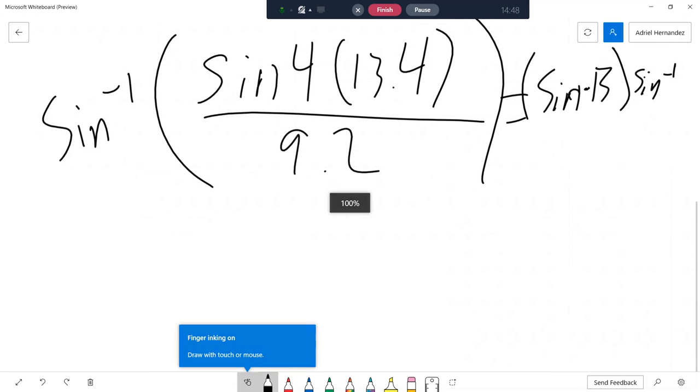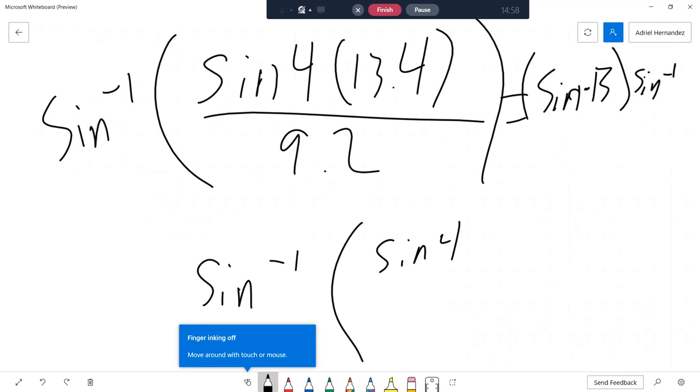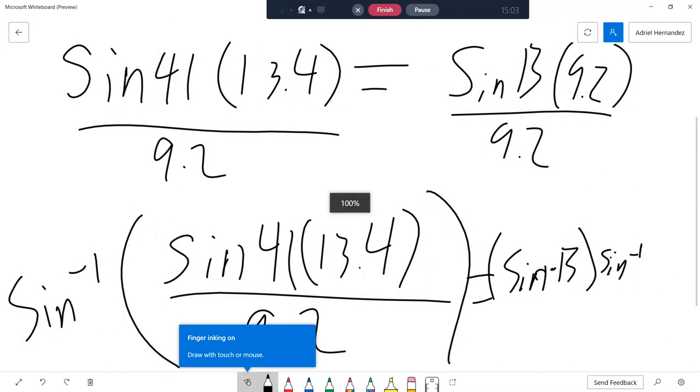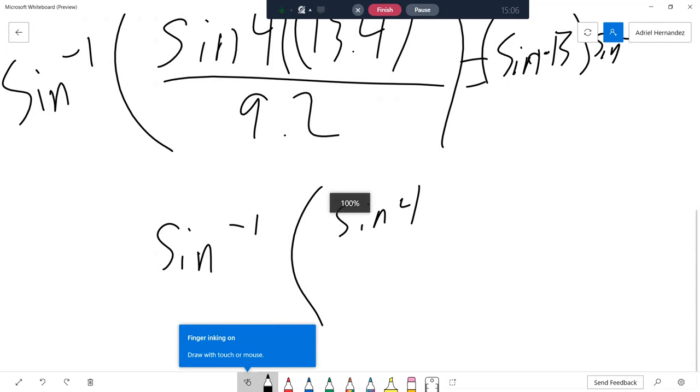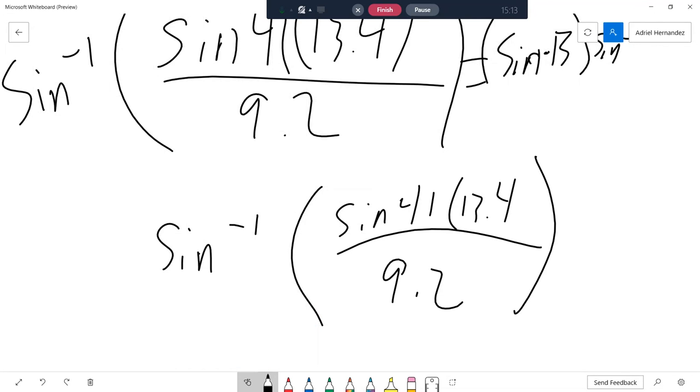And you're going to be left with the inverse sine of sine 41 times 13.4 over 9.2 equals B.